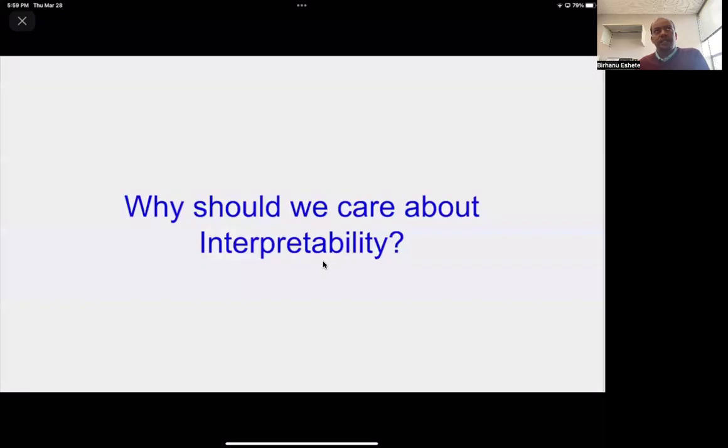Okay, so that was what interpretability is, the high stake domains that demand interpretability, and the fact that interpretability is not for every domain or for every single model. Now that we know this, why should we care about interpretability in the first place?